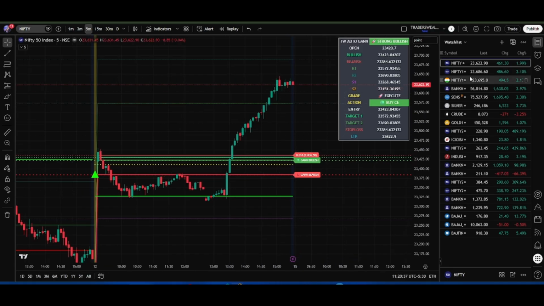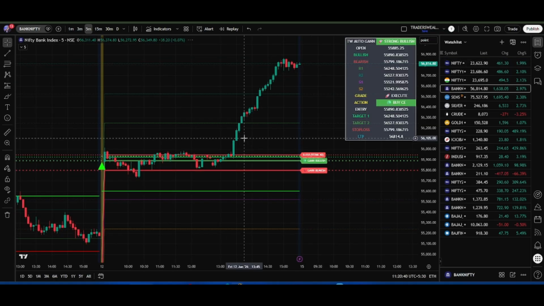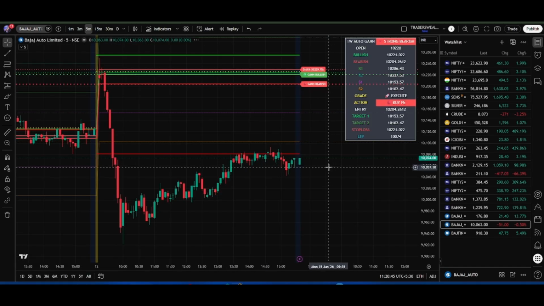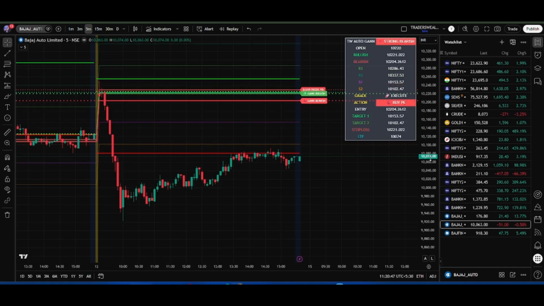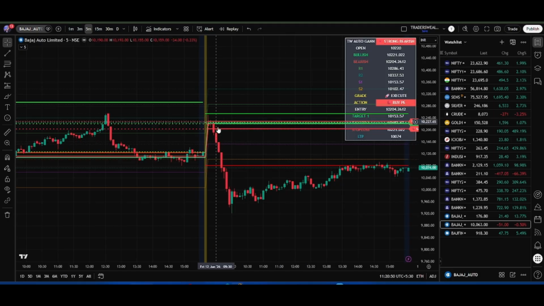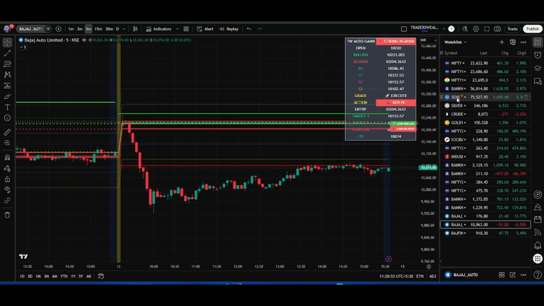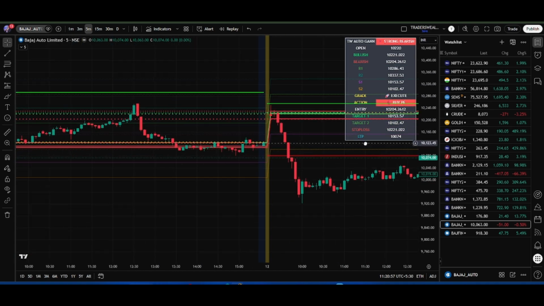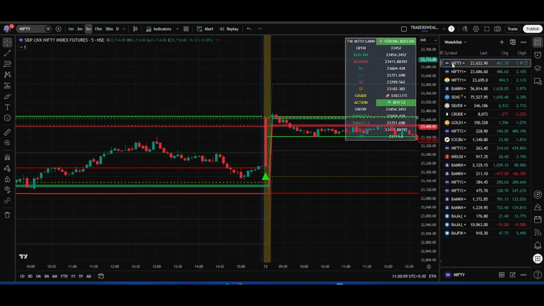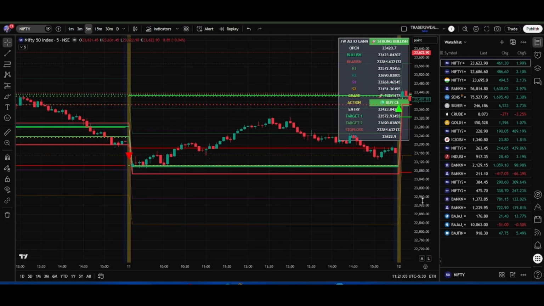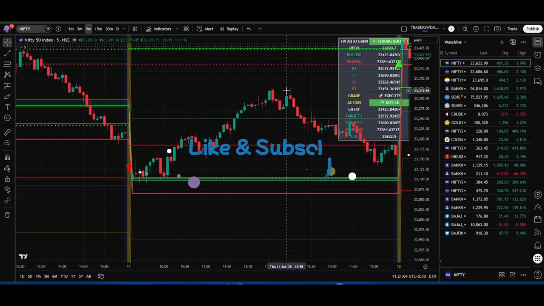Not only Nifty, you can also check Bank Nifty and any stock, like Bajaj Finance, or bearish stocks like Bajaj Auto. You can see once there are no green candles crossing above this, then we can go for a put option. You can go back and check also. For example, in Nifty, you can see there were no red candles below on Thursday, so it was bullish.